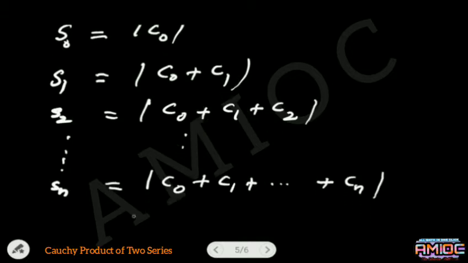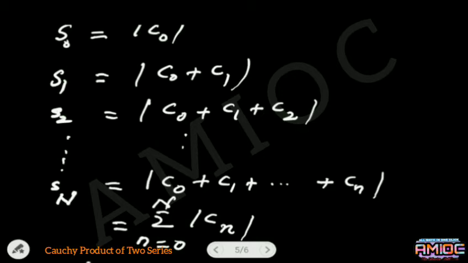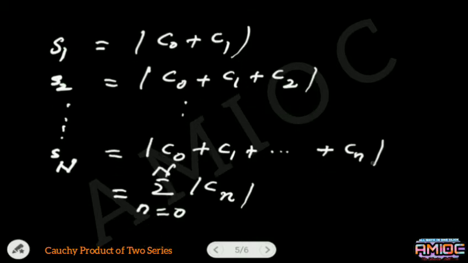This can be written as summation n equal to 0 to some capital N of mod Cn.